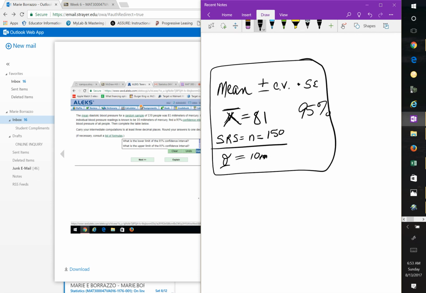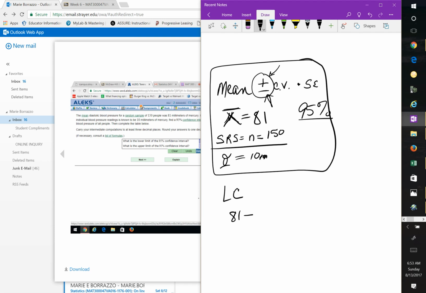Now, the confidence interval has an upper and lower limit because of the plus minus. This is where you get your upper and lower. Obviously the plus will give you the upper, and using the minus will give you the lower. So in essence you're doing this twice. So if I'm doing the lower confidence, I'm going to do 81 minus. Now it's 95% confidence.